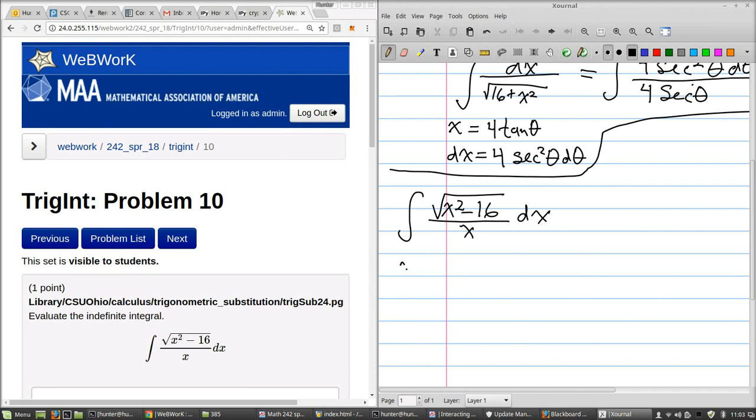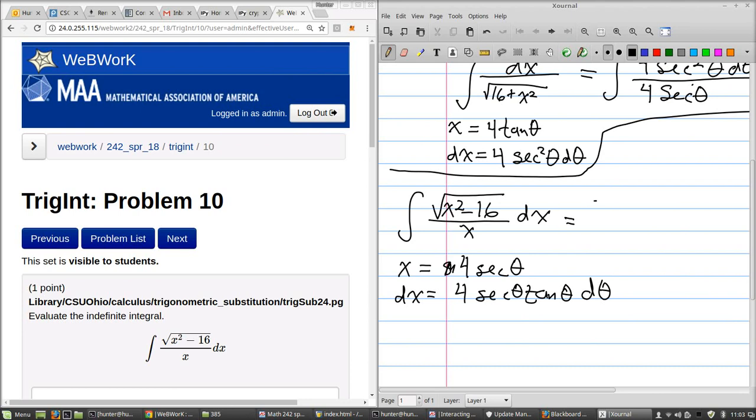So the substitution for this one is x equals 4 secant theta. So that means dx is equal to 4 secant theta tan theta d theta.